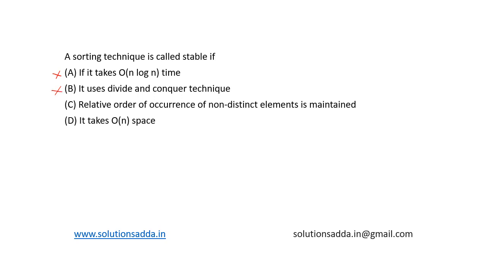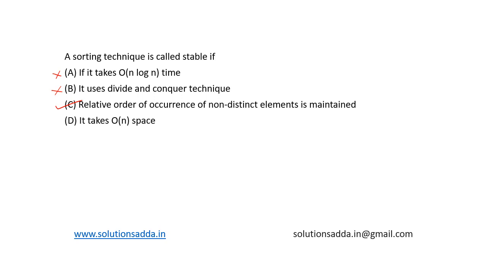C, relative order of occurrences of non-distinct elements is maintained. Yes, this is what the stable property means. It means that the order in which the non-distinct elements are appearing in the array, they are maintained. So this is the correct answer.